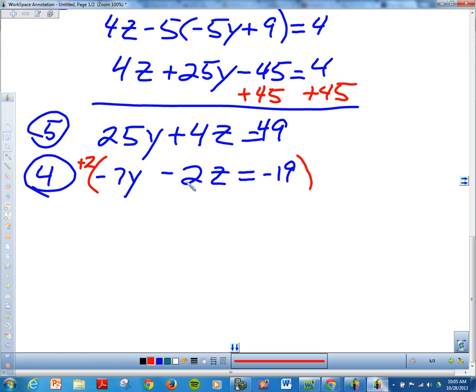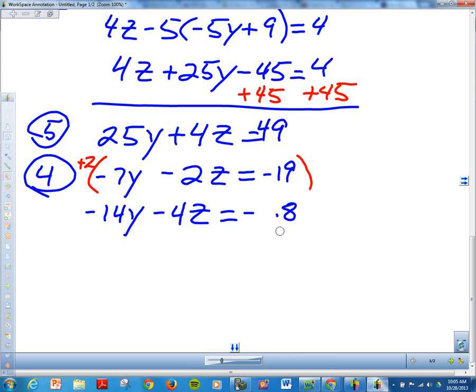So I can multiply that one by positive 2. So I have negative 14y minus 4z equals negative 38. So I'd say most common mistake that people make on these problems is they forget to distribute the 2 all the way across the equal sign as well. So just be careful with that. I see that mistake all the time when you guys do these.